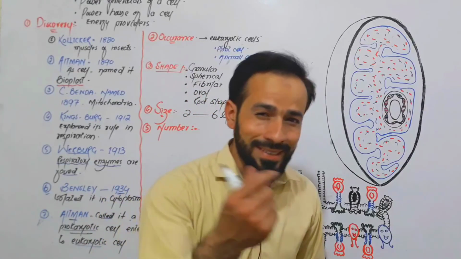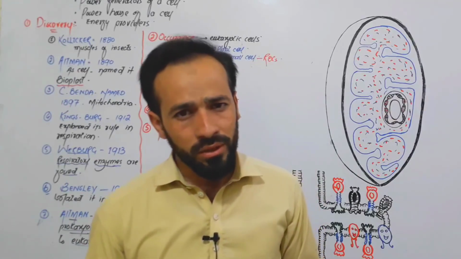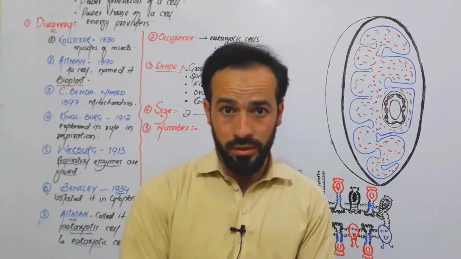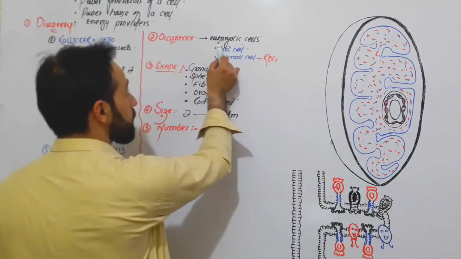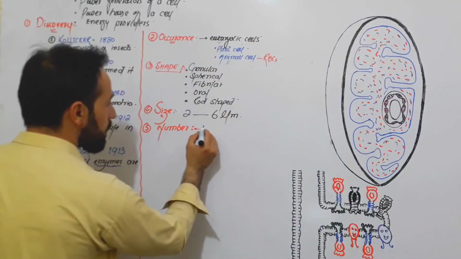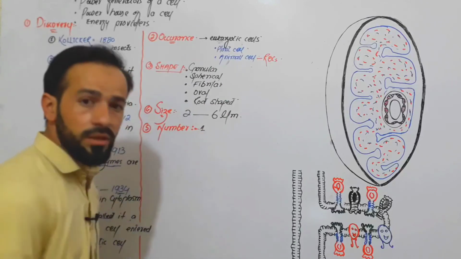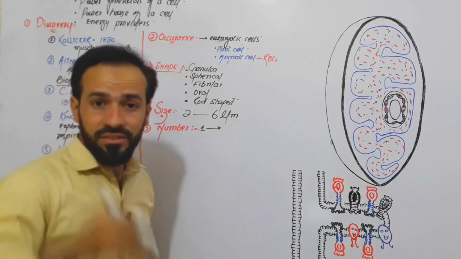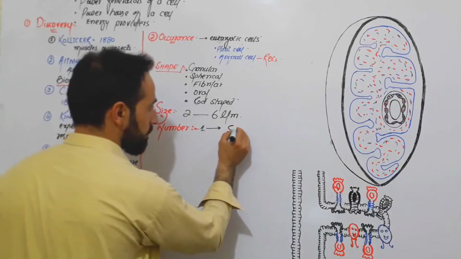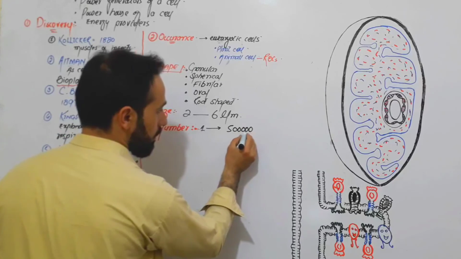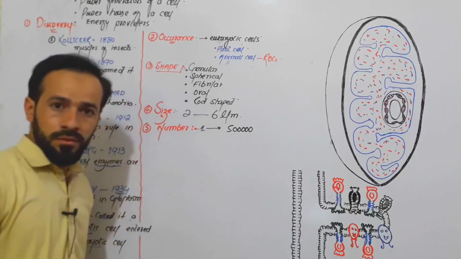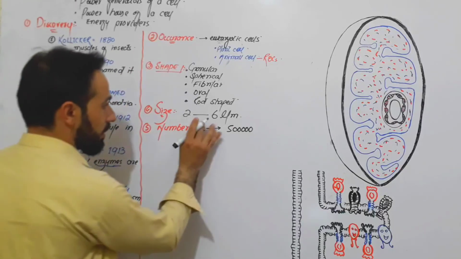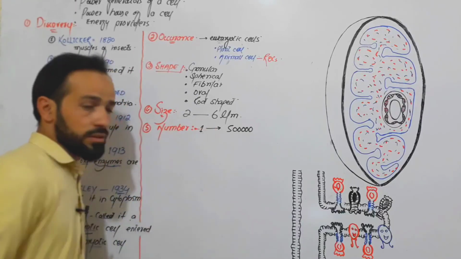But if the cell wants less energy, there will be fewer mitochondria. So in a eukaryotic cell, there may be one mitochondria, or there may be 5 lakh mitochondria, right? So this is the number.